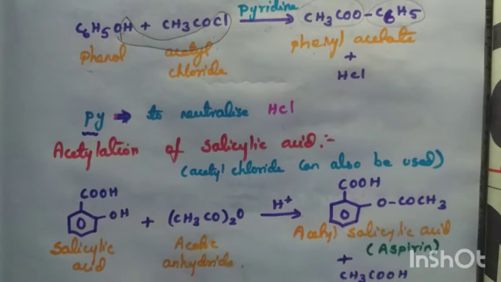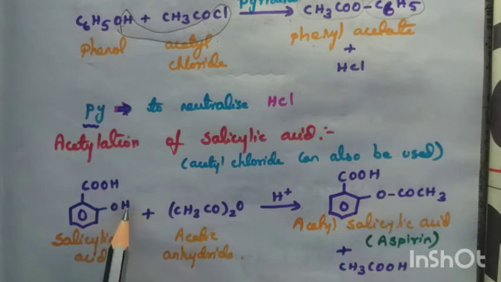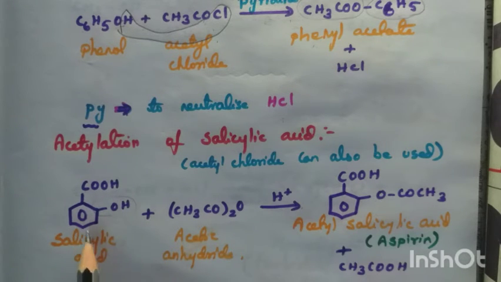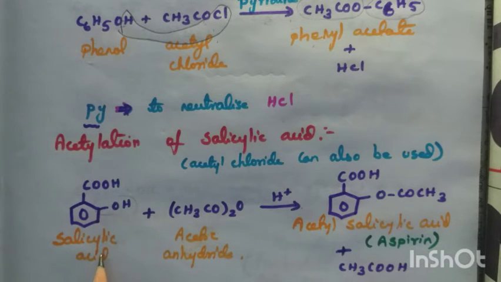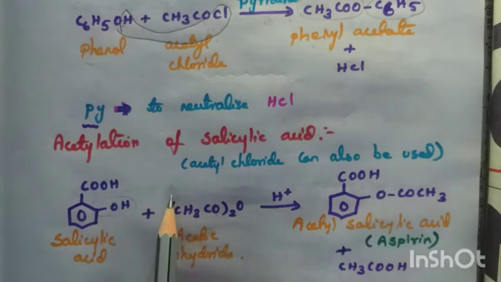What is salicylic acid? In a benzene ring, if only one OH is there, it is called phenol. If COOH is also there, it is called salicylic acid. So, salicylic acid plus acetic anhydride, CH3CO, CH3. How does this reaction take place?